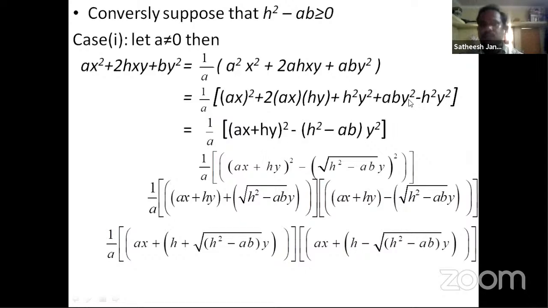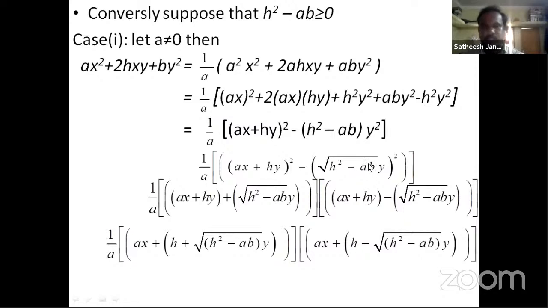Taking minus common, h square minus ab into y square. Right. Next, 1 by a into, this is right as it is, ax plus hy whole square minus, this is in the form of the square root of h square minus ab times y, whole square. Whole square and square root are cancelled.